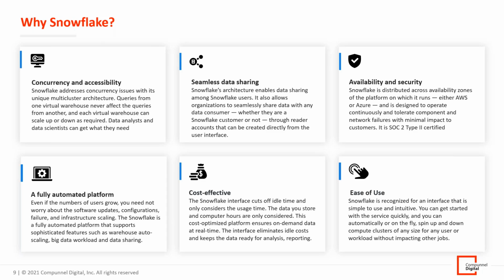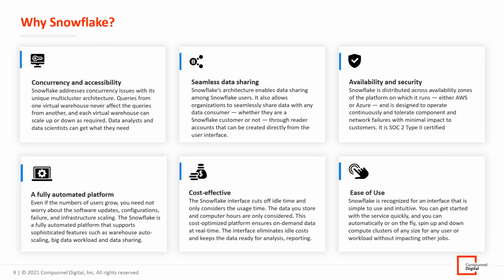Okay, data analysts, data scientists, data engineers can get what they need. They need not wait for anything. Data concurrency can be easily sorted out because of its multi-cluster architecture. And then seamless data sharing. So what does seamless data sharing mean here? Snowflake's architecture enables data sharing among Snowflake users.